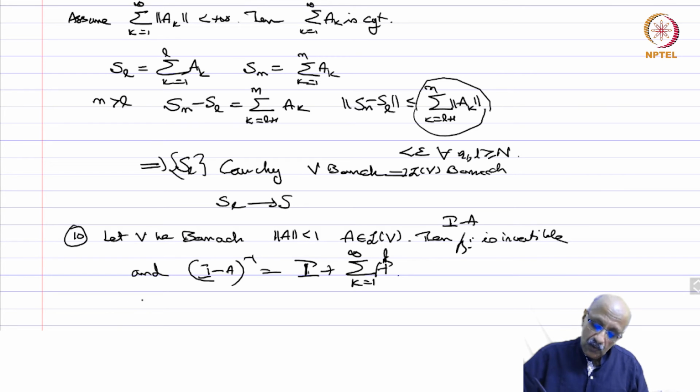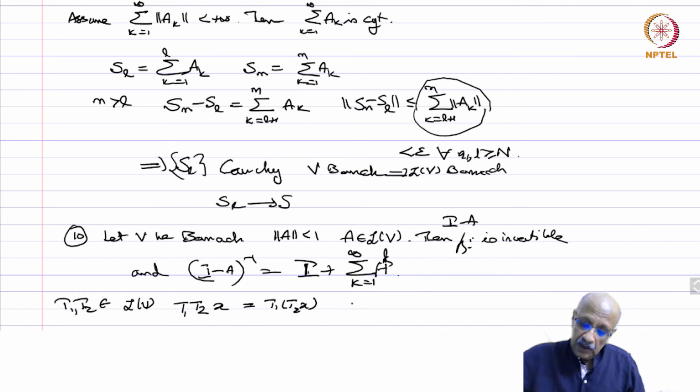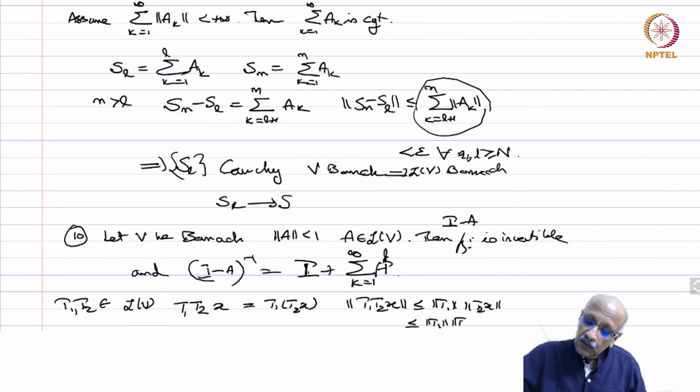Okay, so in L(V), if T1 and T2 are in L(V), then you can compose the two, T1 T2 or T2 T1. So T1 T2 x is T1 of T2 x. Therefore the norm of T1 T2 x is less than or equal to norm T1 times norm T2 x, which is less than or equal to norm T1 times norm T2 times norm x.